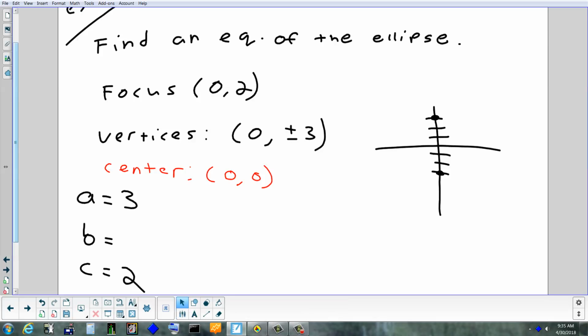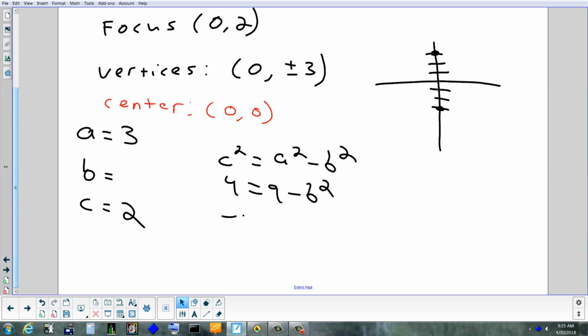It starts out c squared equals a squared minus b squared. So we get 4 equals 9 minus b squared. So 5 is b squared. Really, to write the equation, you need b squared. But if you want b for graphing purposes, it would be the square root of 5.